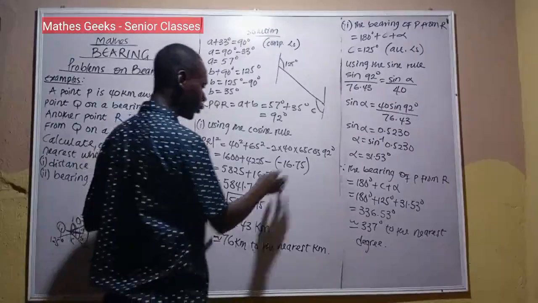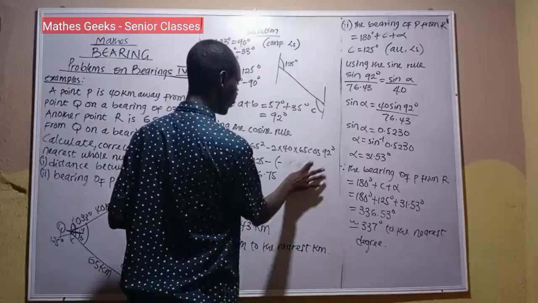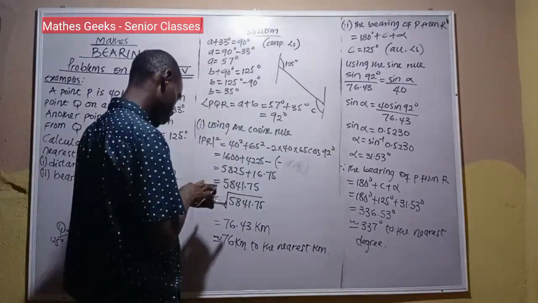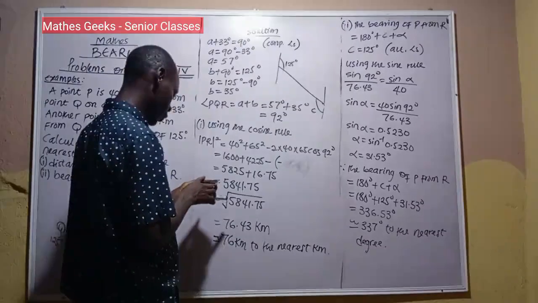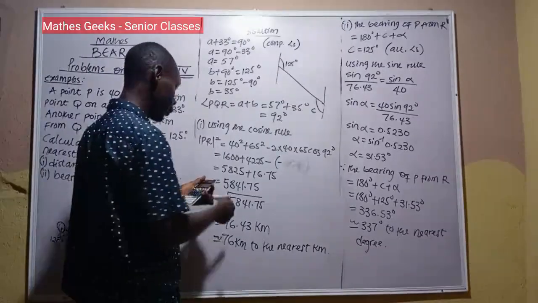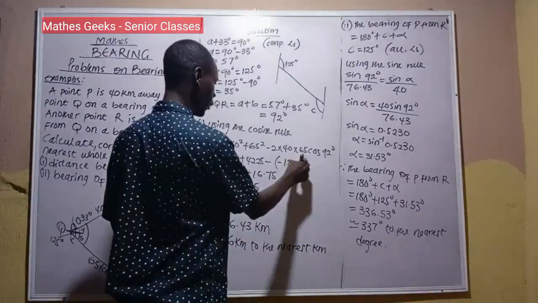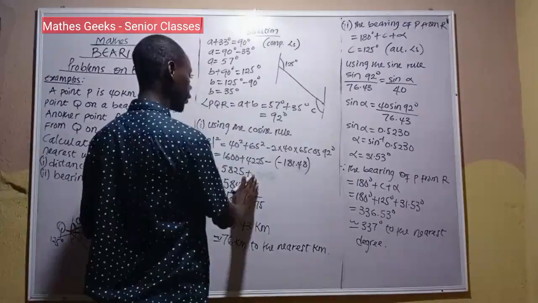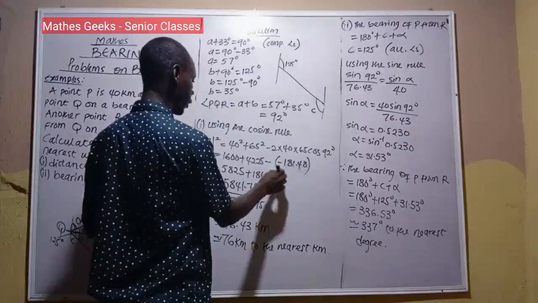We are going to make a little correction here. 2 times 40 times 65 times cos 92 is minus 181.48. So minus times minus is plus, so plus 181.48.